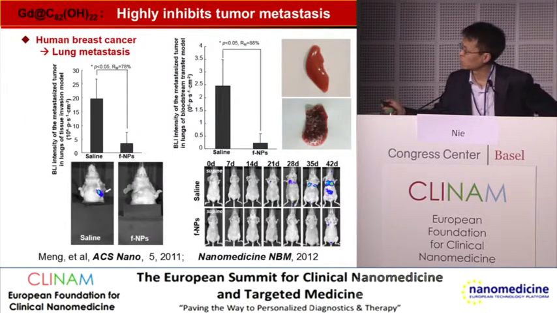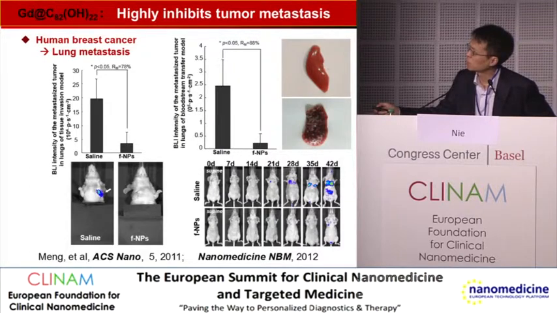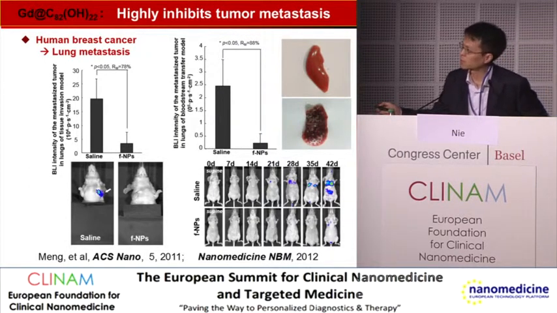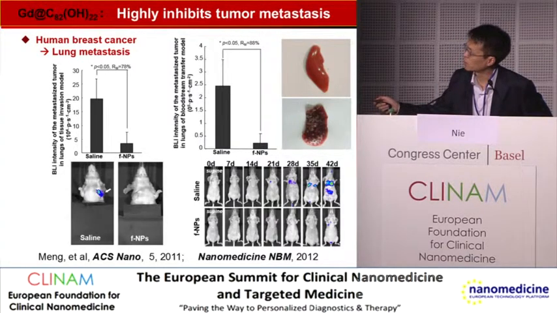And again, that's another model. This is a human breast cancer model, and it has very dramatic lung metastasis. At the endpoint, we take out the lung tissue: this is the cured one, and this one has a lot of new lung metastasis sites.